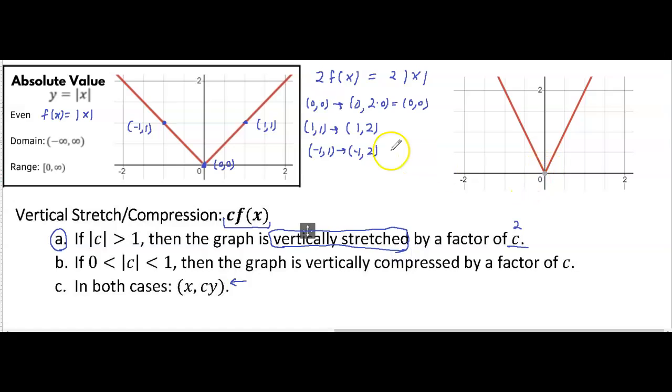And again, our prediction for the point 0, 0 is that it stays in the exact same spot, and we were at the points 1, 1 and negative 1, 1, and we see that those points became 1, 2. It got moved up like this, and negative 1, 2. All of the points on this graph have been stretched up.